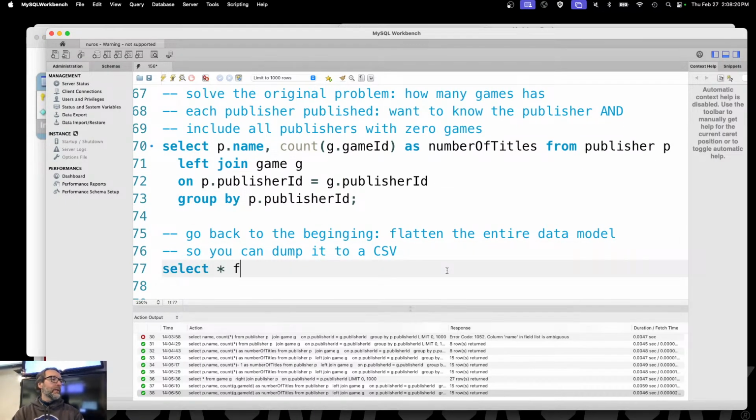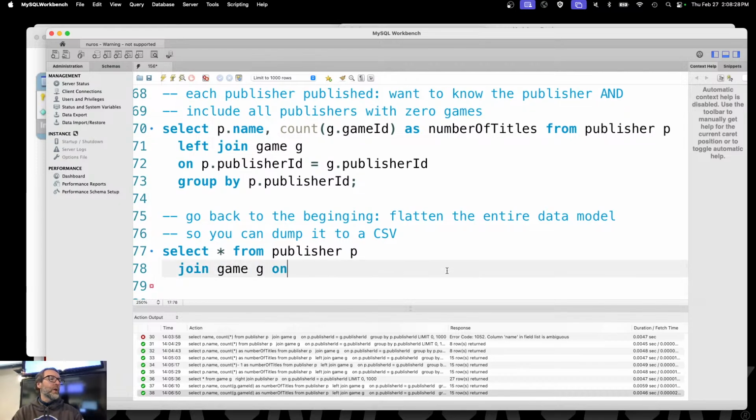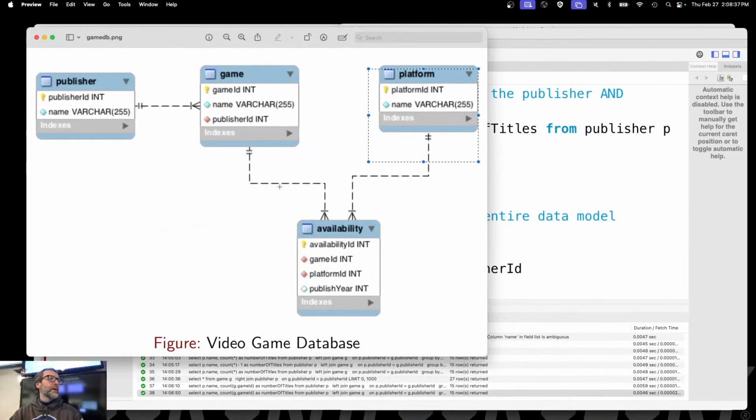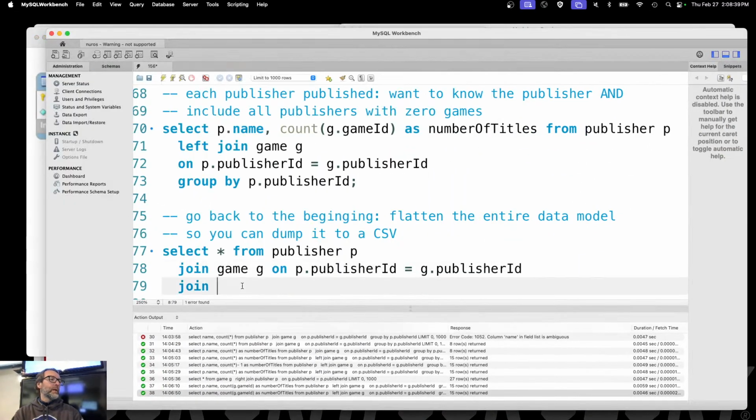Select everything initially, from publisher P, join game G, and here I'll put it on one line, p.publisher ID is equal to g.publisher ID. Right? Join to the availability, join availability A on g.game ID is equal to a.game ID.